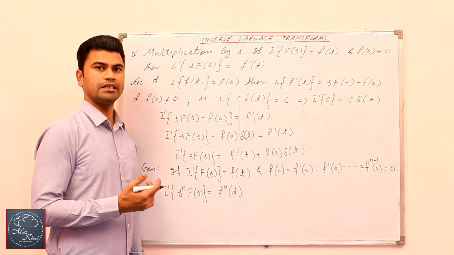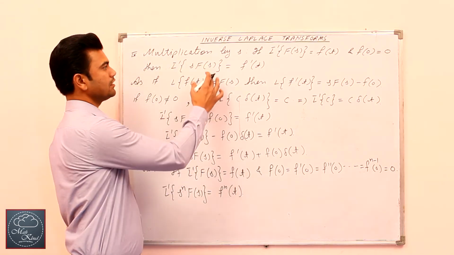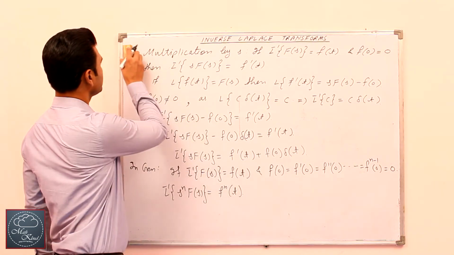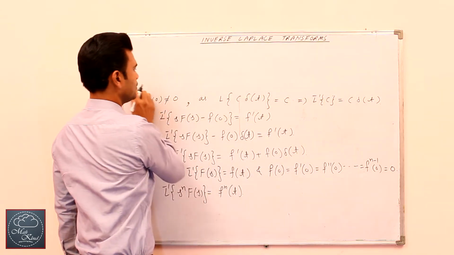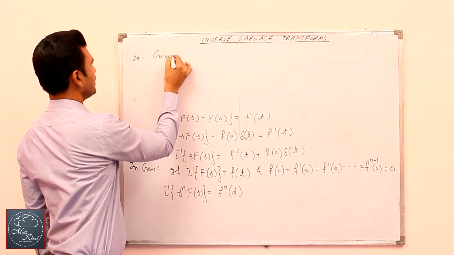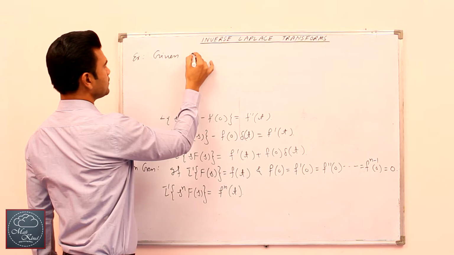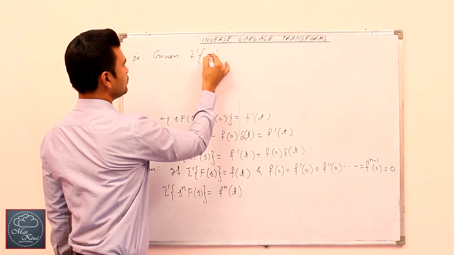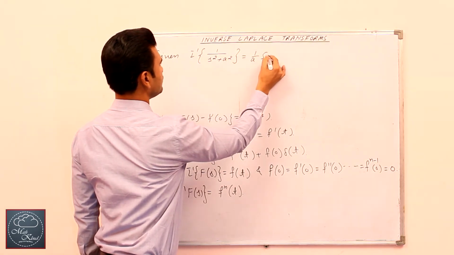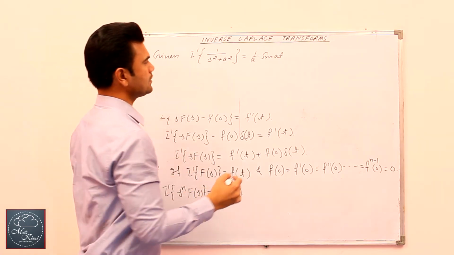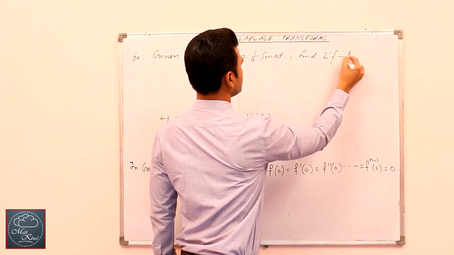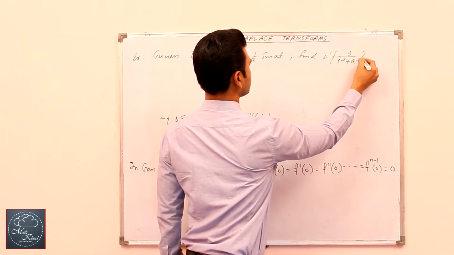Now let us take one example where we are going to use this result to find the inverse Laplace transform of a function. It is given that the inverse Laplace transform of 1 over s square plus a square is 1 over a sine of at. Using this, find the inverse Laplace transform of s over s square plus a square.